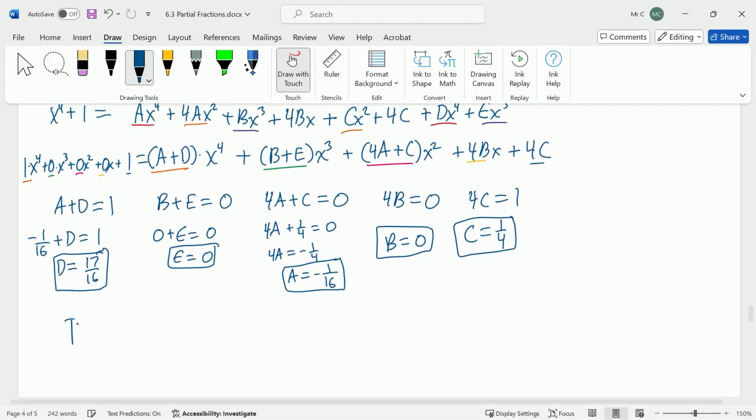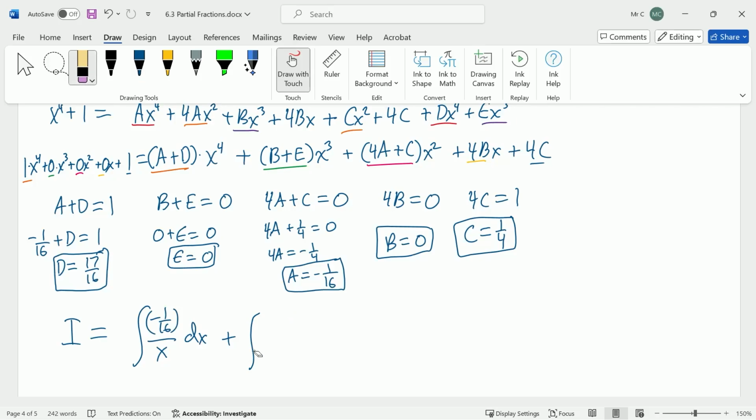So my integral is going to become the integral of a, negative 1/16 over x dx, plus the integral of b. Well, that's just 0. So I can go ahead and get rid of that one.